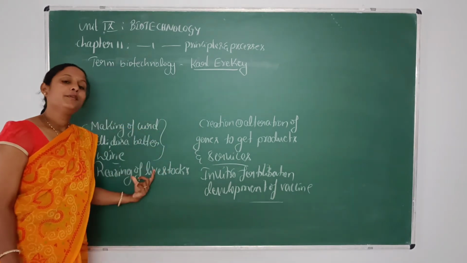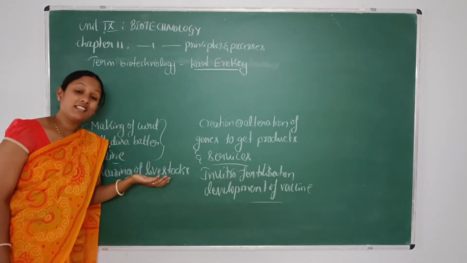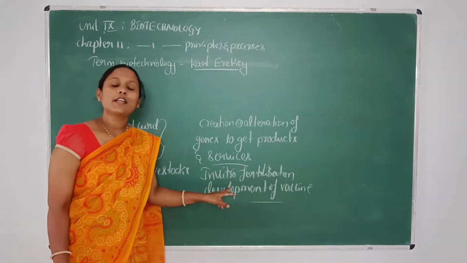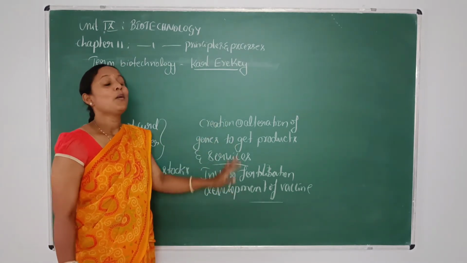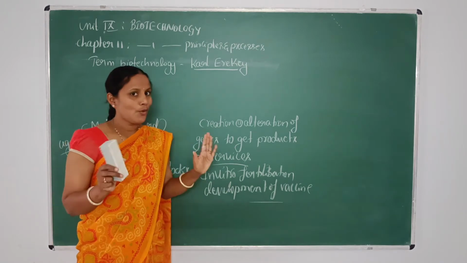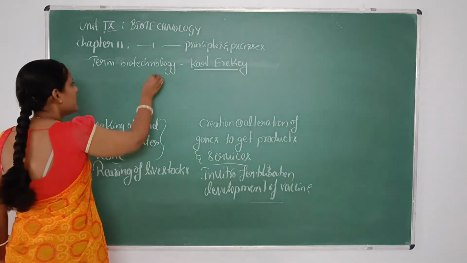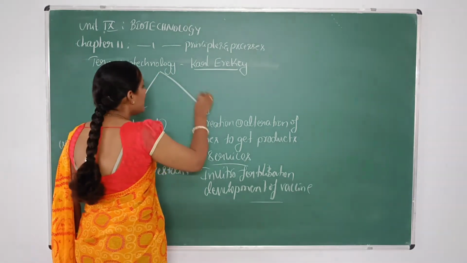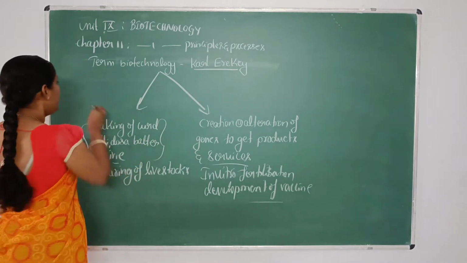So here, before also agriculture was there, but the techniques were not much advanced. But here the techniques are much advanced, so we are referring to it as modern biotechnology. So we can give two shades for biotechnology. That is, it could be modern biotechnology or it could be traditional biotechnology.